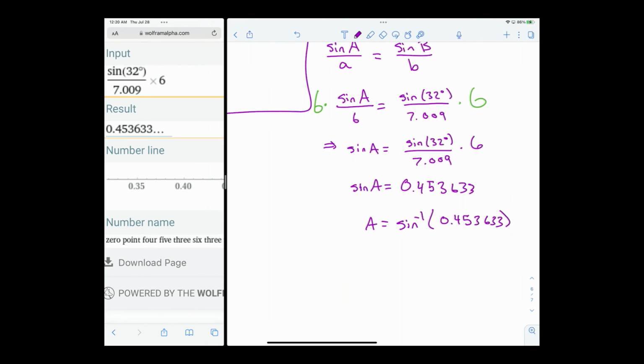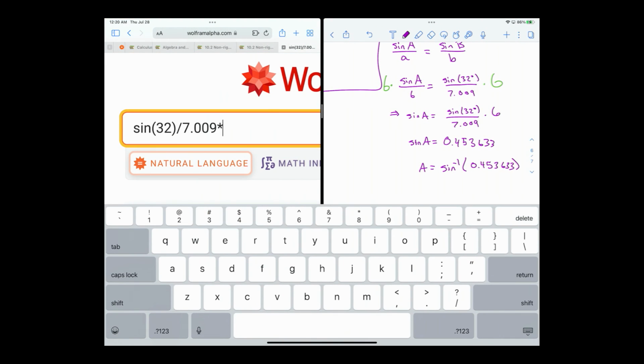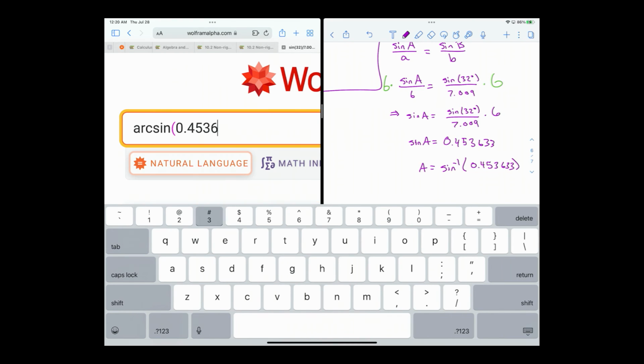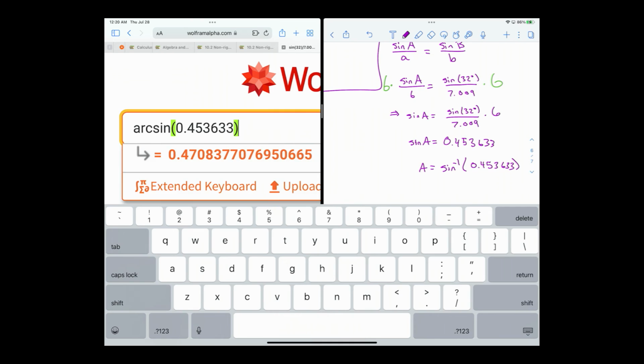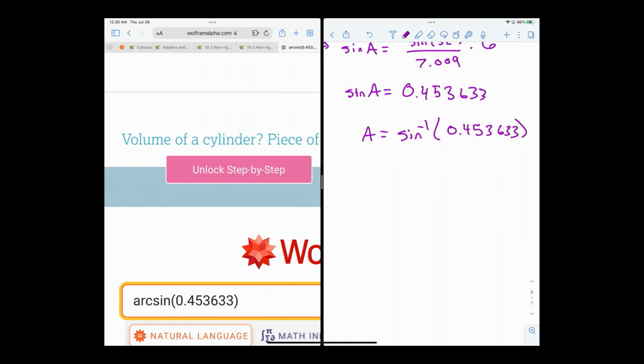Okay, so I need an inverse sine to calculate that. So come back up here, and I'll type arc sine 0.453633. It will give me my answer in radians and degrees. I want degrees to match everything else that we've been doing.